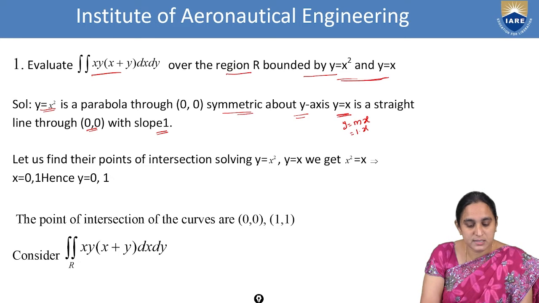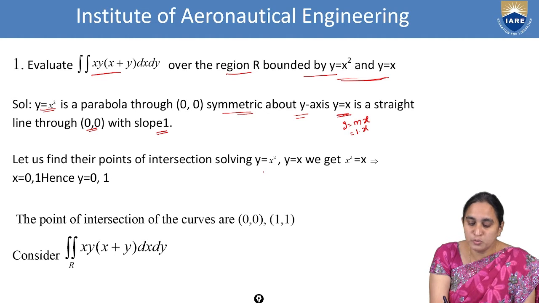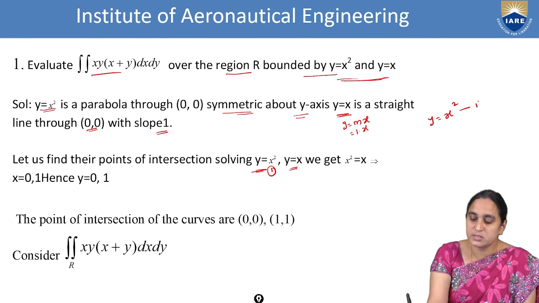Let us find their points of intersection by solving y is equal to x square and y is equal to x. Let us take y is equal to x square as the first equation and y is equal to x as the second equation.